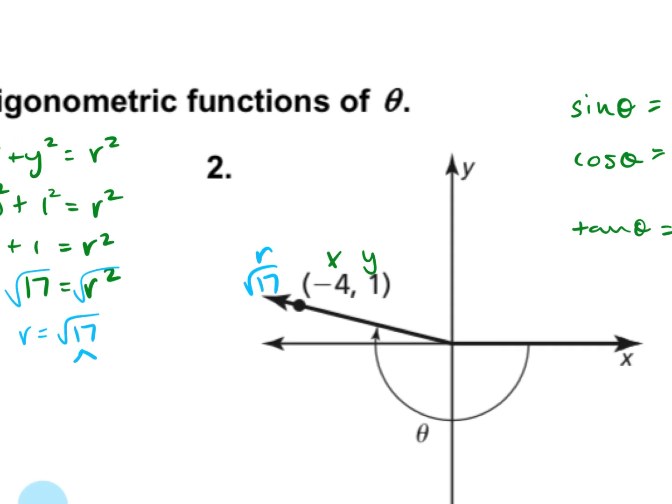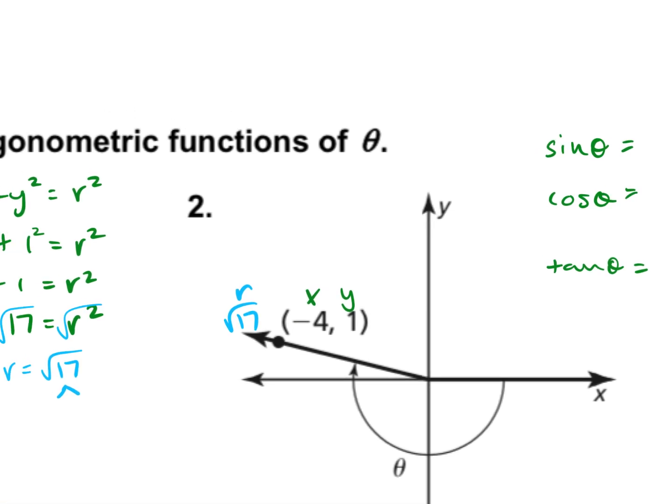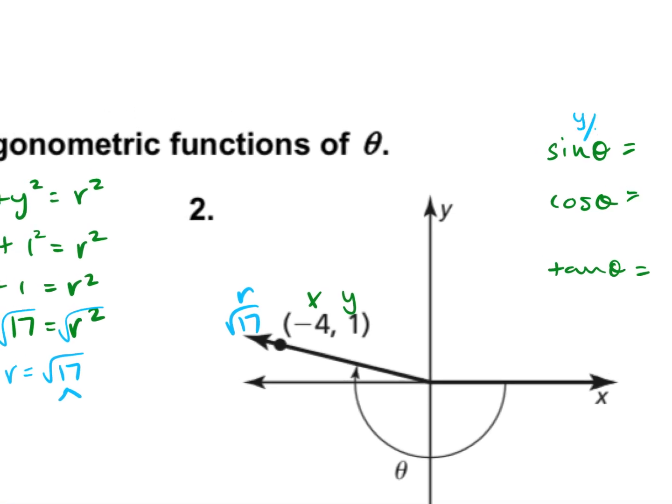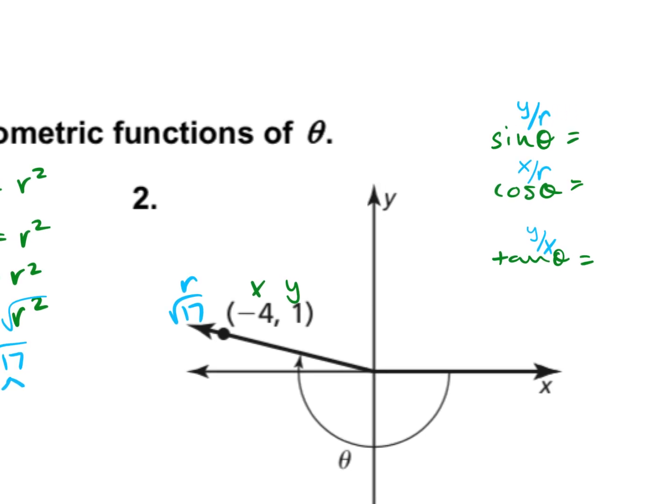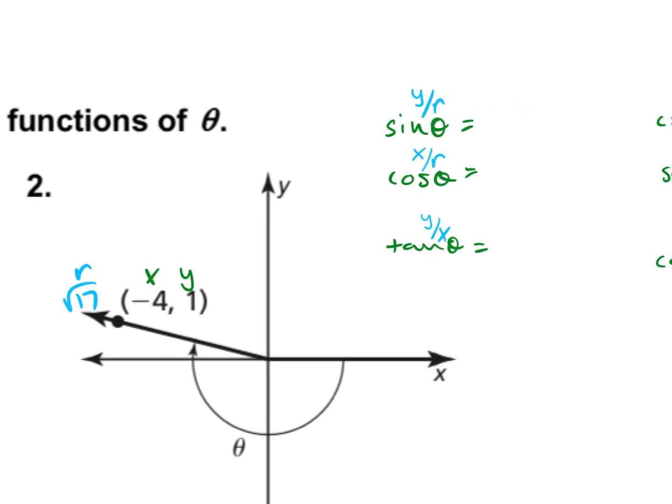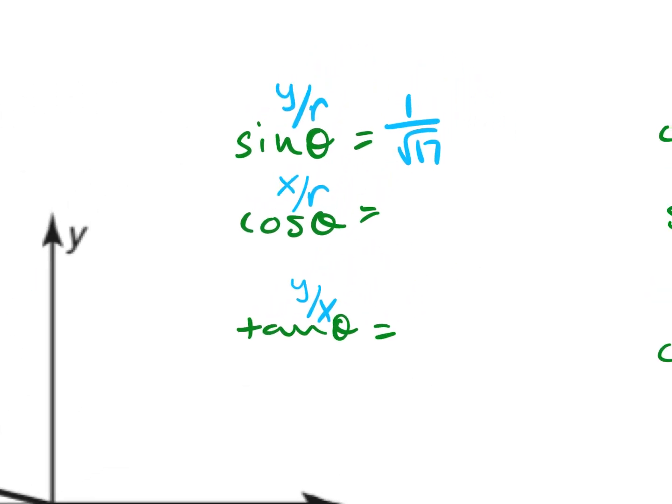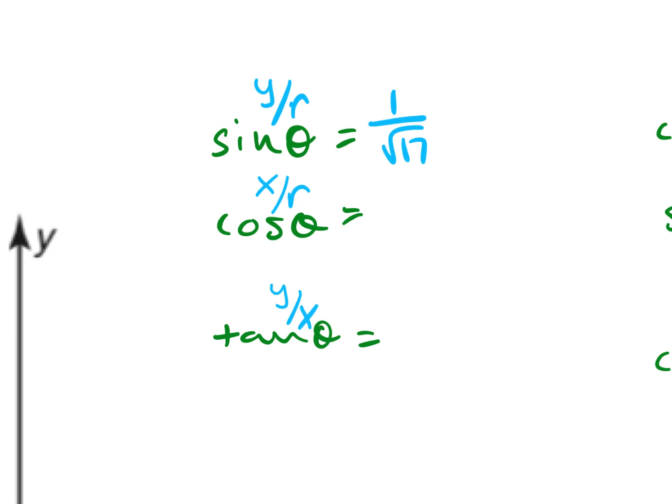So now let's plug everything in. Sine is y over r, cosine is x over r, and tangent is y over x. So sine would be 1 over square root 17. Can we leave square root 17 in our denominator?